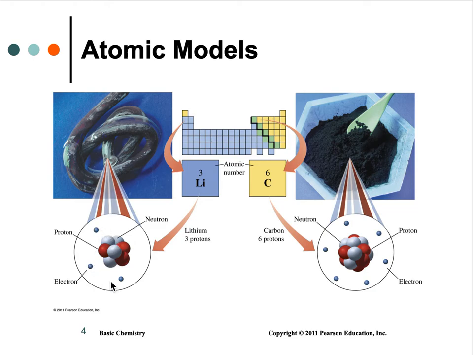And then electrons is going to be equal to the number of protons, and they spin on the outside of the nucleus. So the nucleus has these massive protons and neutrons, and the electrons are in a cloud or on the outside.